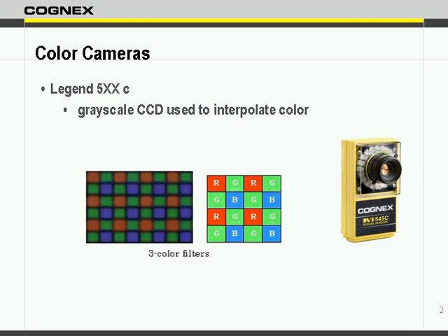So if you need to do precision measurements or a measurement application, you should not use a color camera unless it is absolutely necessary, because your accuracy will be reduced from the very start just based on this interpolation. Each pixel doesn't really have a way of obtaining red, green, and blue directly from the scene.